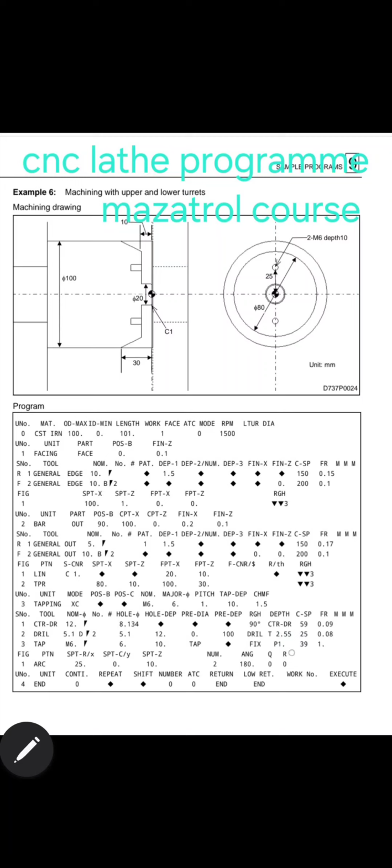So Q0 and finish, program finish, continue 0, repeat shift number 0, ATC return and low return, and work no execution. I hope you understand about all the program that I share today.